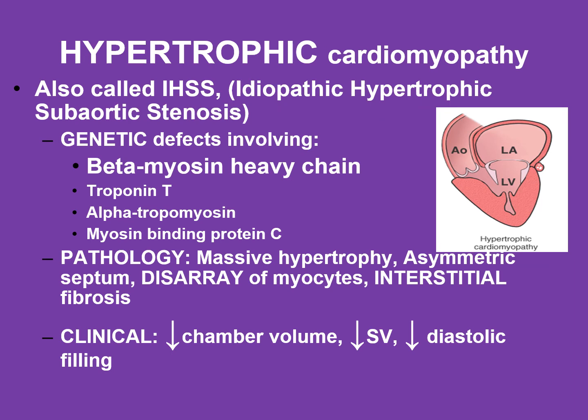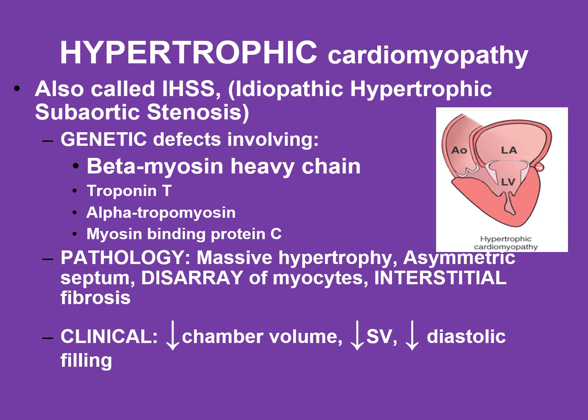Then we have the hypertrophic cardiomyopathy. There are genetic defects involved here with beta myosin heavy chain, changes in troponin alpha, tropomyosin, and myosin binding protein C, which will be discussed by Dr. Tan in the coming webinar. So this is, again, one of exaggerated hypertrophy of the heart.